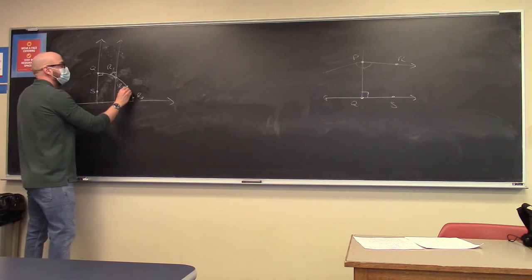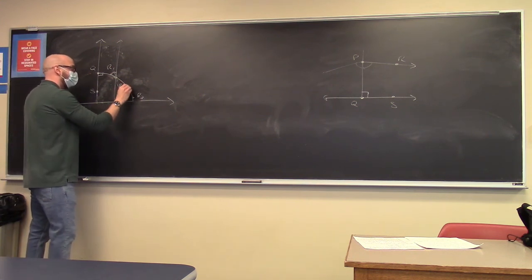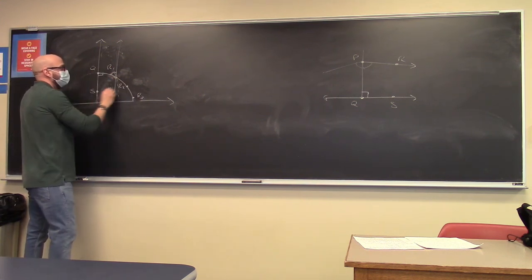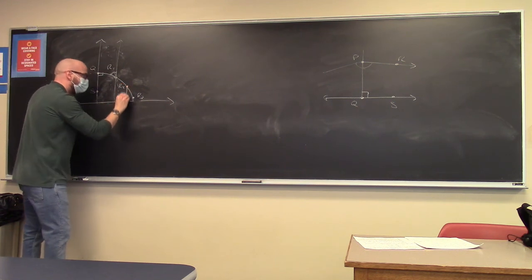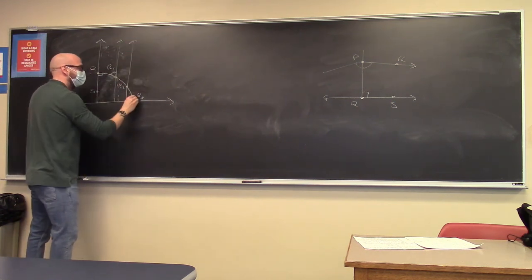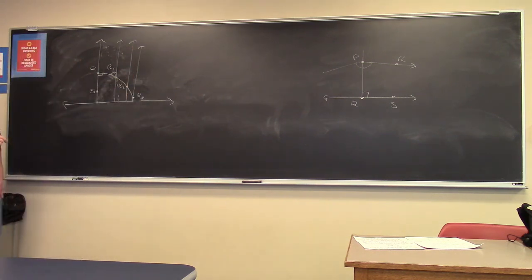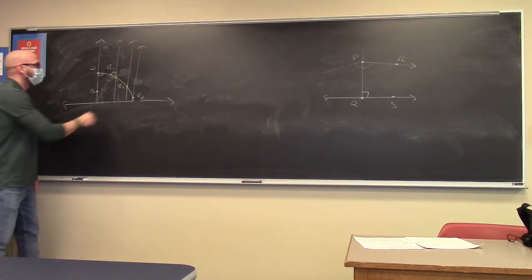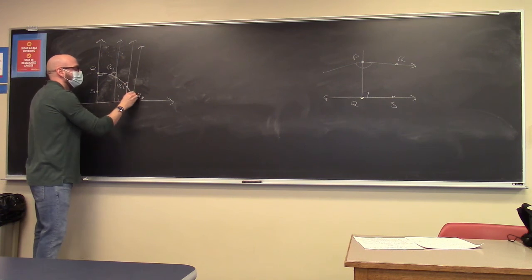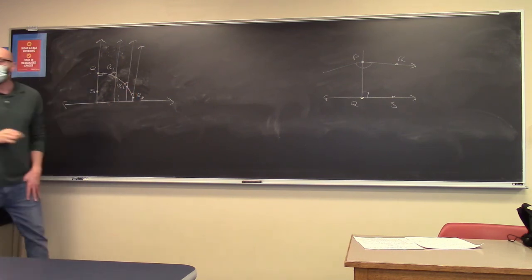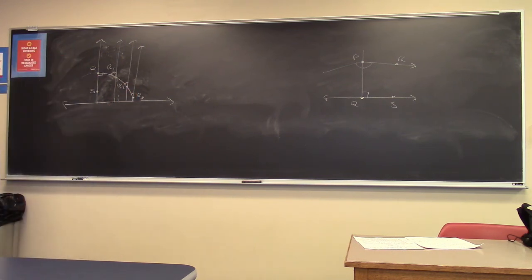Well, I know how to find the angle of parallelism for a point and a line now in this picture. All I have to do is look at the vertical line that passes through it, and the vertical line that passes through it. And this angle here is my angle of parallelism.